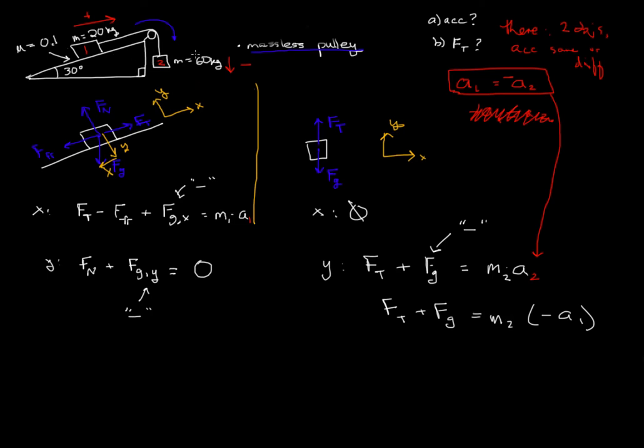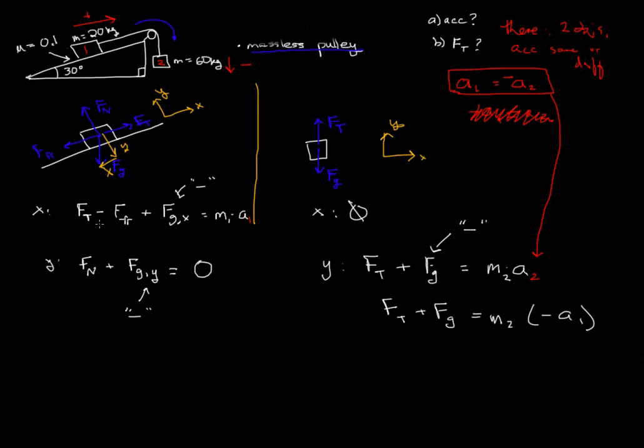There are times, and I'll show you in a future video, when you can have the same acceleration. Usually they'll make it different because that makes a great test problem, right? So if your teacher's trying to be tough, they will make it different. So always check when you have two objects, are the accelerations the same or different?